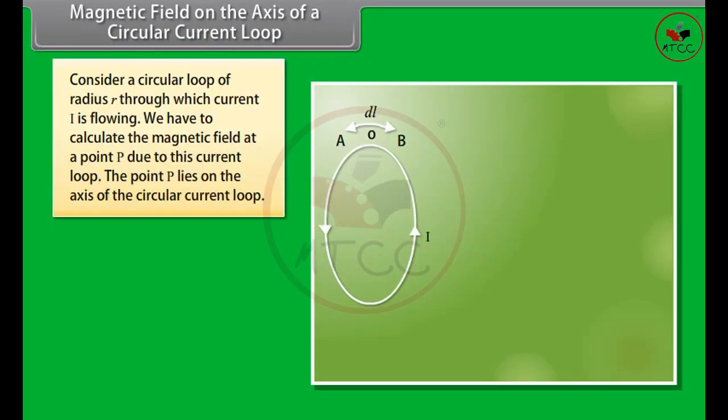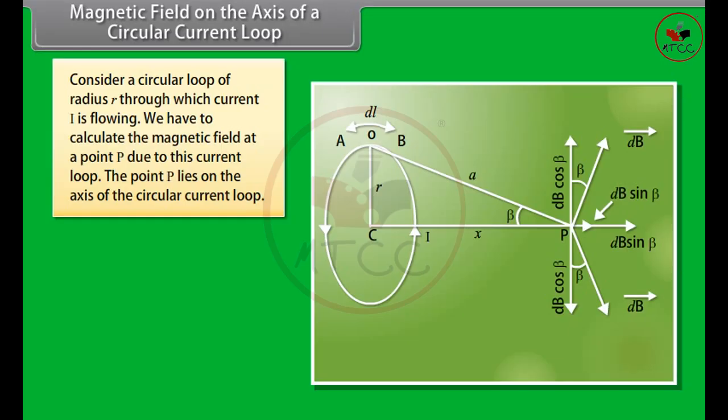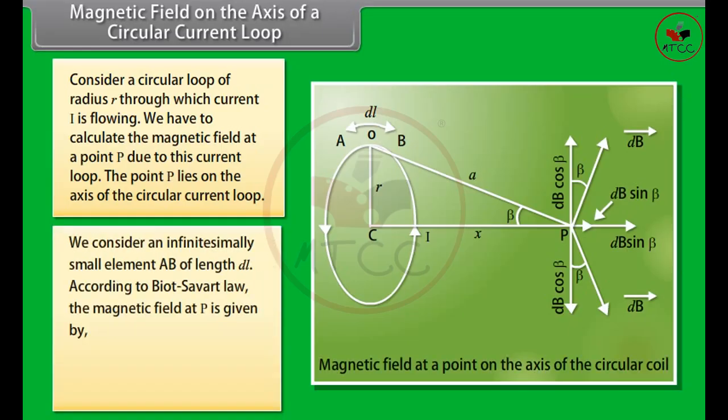Consider a circular loop of radius r through which current I is flowing. We have to calculate the magnetic field at a point P due to this current loop. The point P lies on the axis of the circular current loop. We consider an infinitesimally small element AB of length dl. According to Biot-Savart law, the magnetic field at P is given by mu naught upon 4 pi multiplied by I dl sine theta divided by a square.